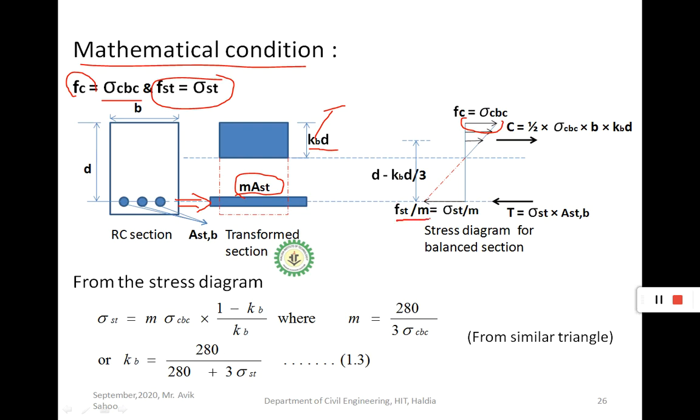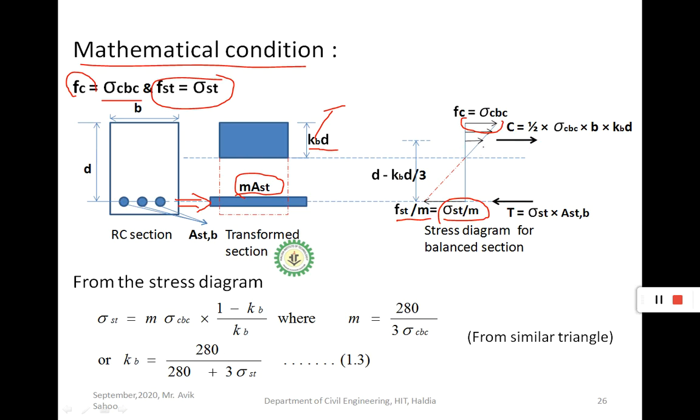That is f_st by m, which is equal to sigma_st by m, because the section is balanced. The line of action of the resultant tensile force passes through the CG of the reinforcing bar, and similarly the line of the resultant compressive force passes through the CG of the triangle.